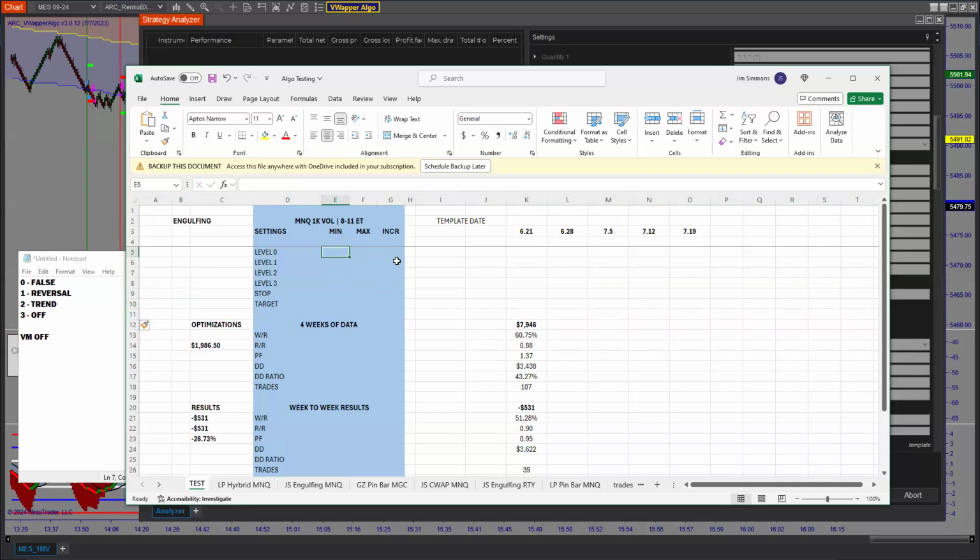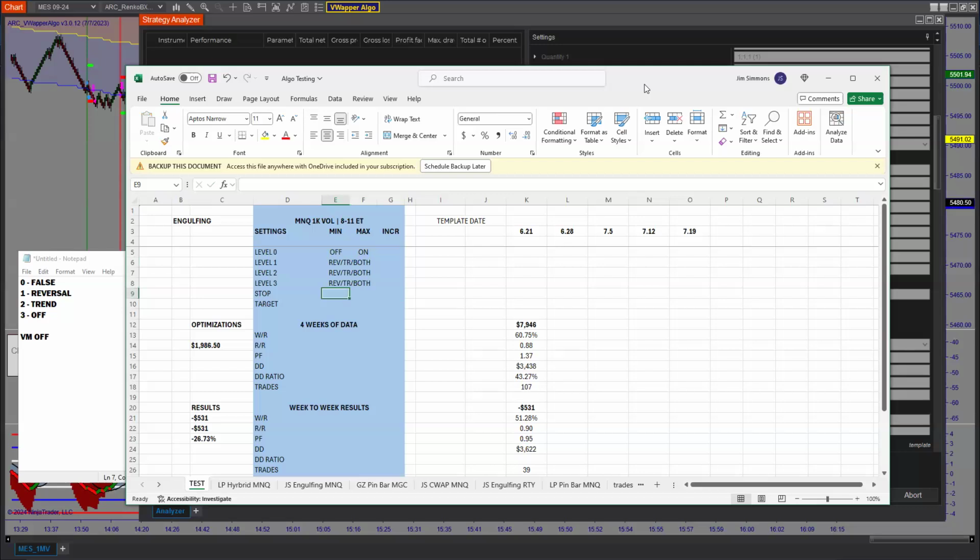This is just going to be off or on. This is going to be, obviously all of these are going to be, there's going to be reversal, trend, or both. So you could just merge these and copy that over to all these.